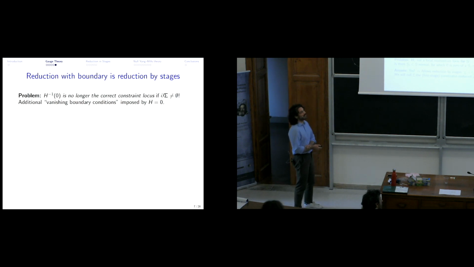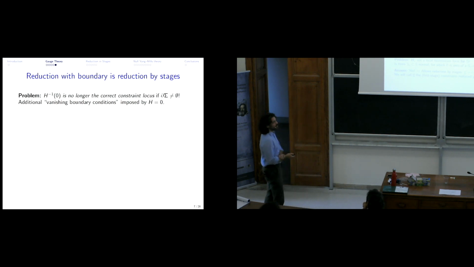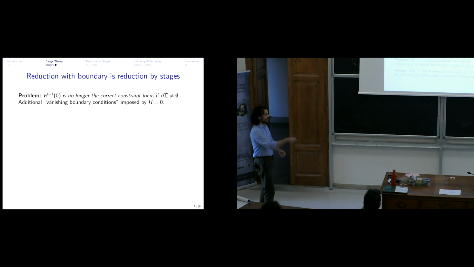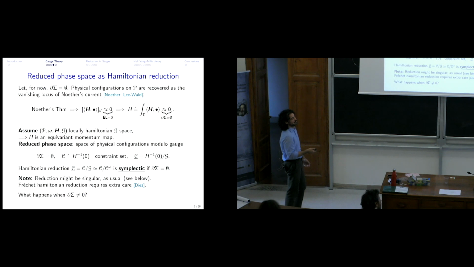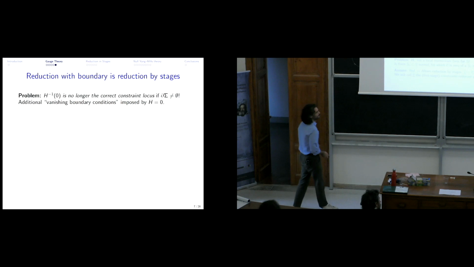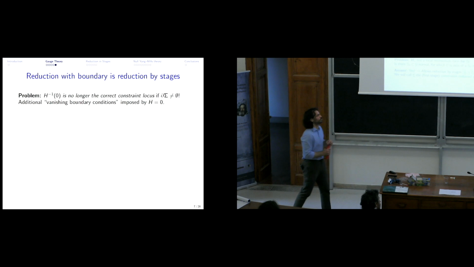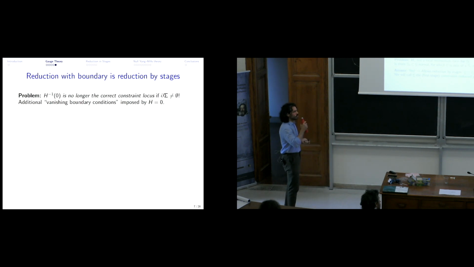It's no longer the space of physical configurations, but it's smaller. It's smaller because you are actually imposing vanishing boundary conditions. Because you're asking that the integral of something that is only 0 up to something exact will mean that you will have some extra conditions at the boundary. So the question is how to go about this problem.